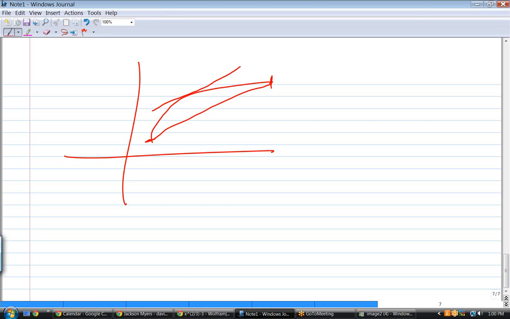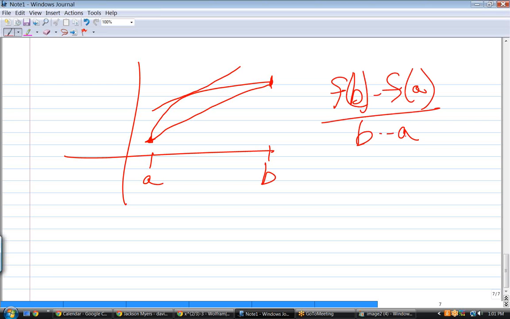In other words, you can't get from here to here on a continuous function without having the slope of the tangent line be the same as the slope. If this point is A and this point is B, then the slope would be f of B minus f of A all over B minus A. That's the slope of the straight line.